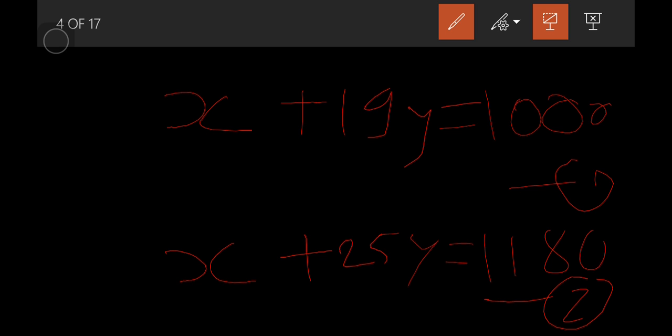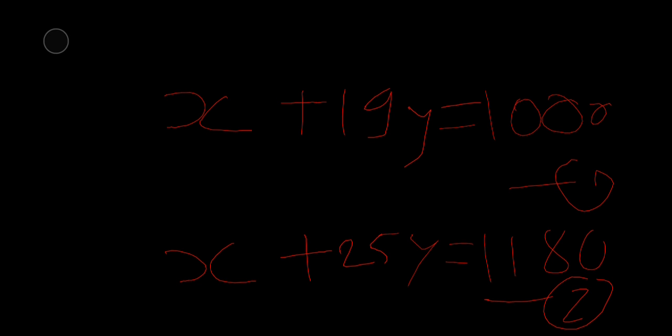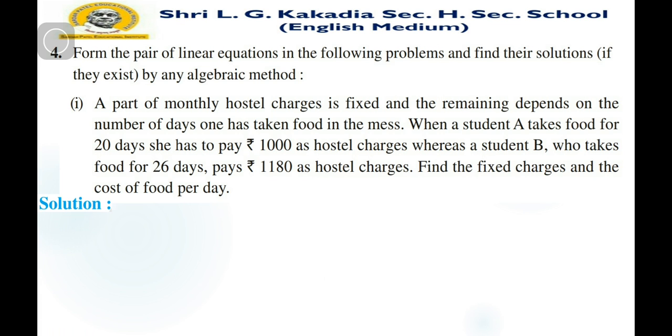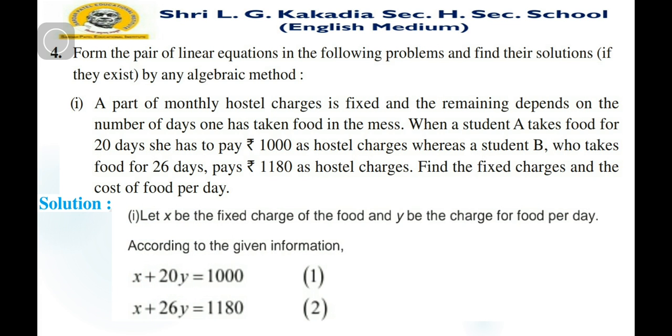So we are going to solve these two linear equations by one of the methods we studied already. Solution: let X be the fixed charge of food and Y be the charge for food per day.